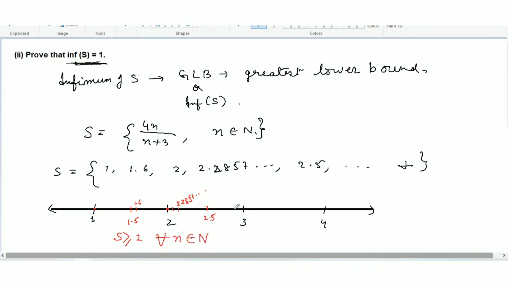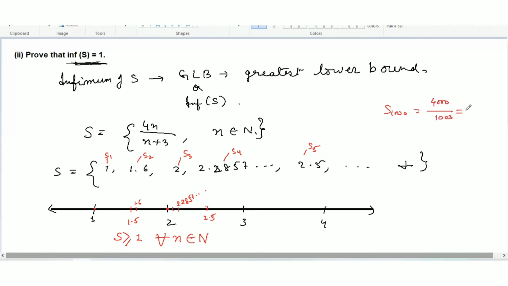This first one is S1, this is S2, this is S3, this is S4, and this is S5. Try to find S1000. In place of n, substitute 1000. You will get 4000 over 1003, which calculates to 3.98803.